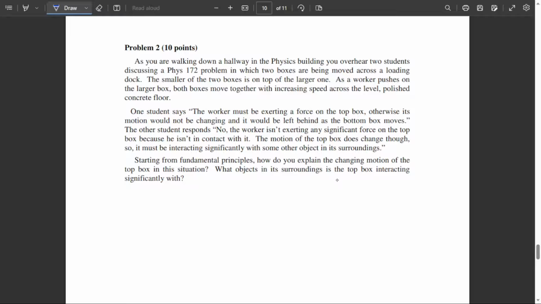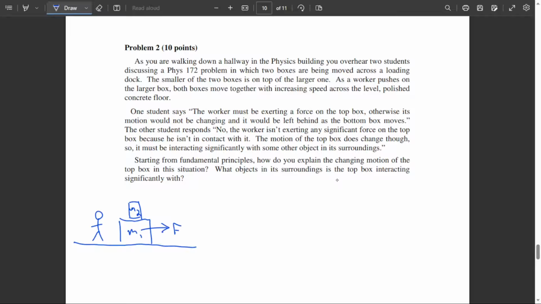First of all, let's just draw a picture. We have the ground, and then 2 boxes, with a smaller box on top of the bigger box. Let's just call these M1 and M2. And then we have a worker over here applying some force on the bottom box, like this.